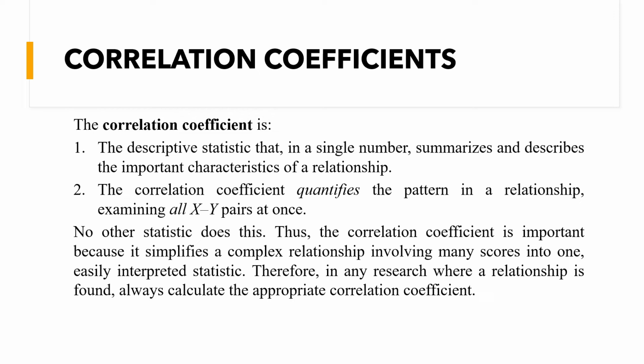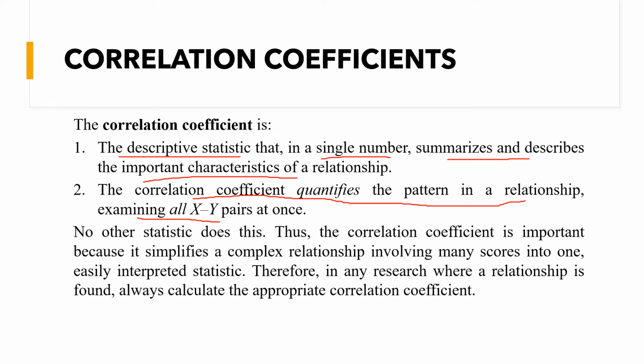Okay, so the correlation coefficient is a descriptive statistic, a single number summarizing and describing the important characteristics of the relationship. The correlation coefficient quantifies the pattern in the relationship by examining all x and y pairs at once. Other statistics do not do this.